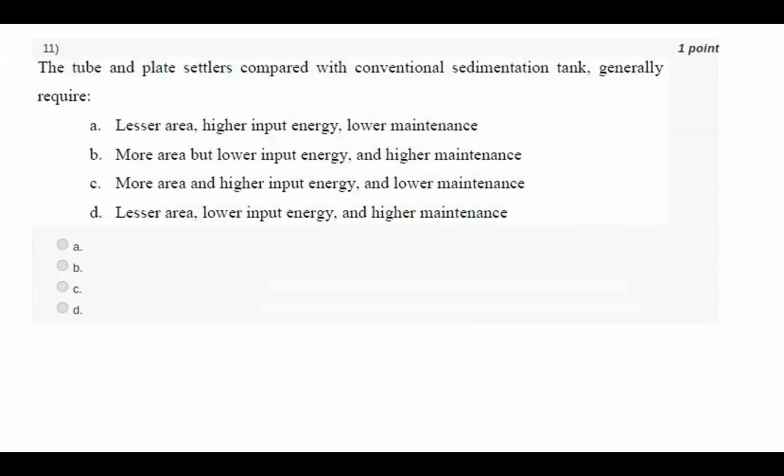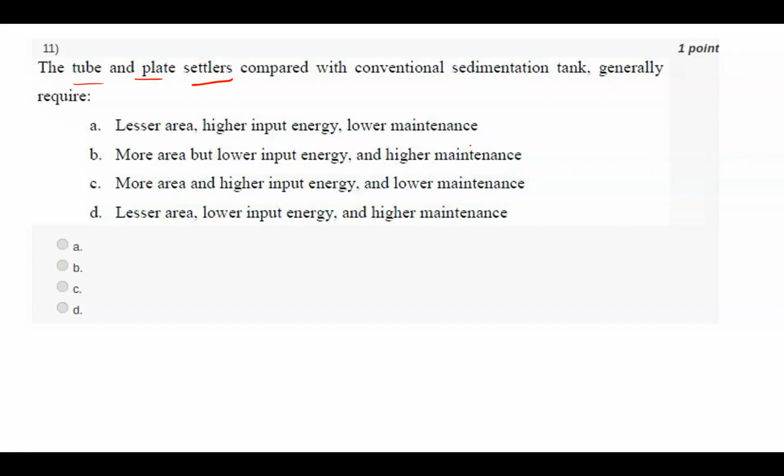The tube and plate settlers, compared with the conventional sedimentation tank, generally require: four options are given.